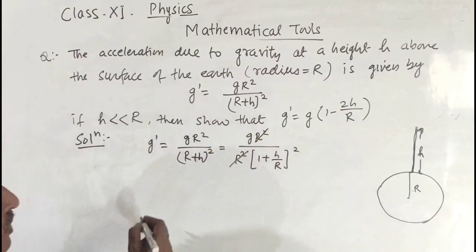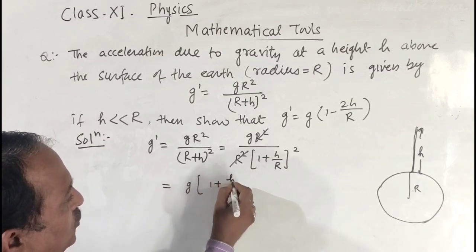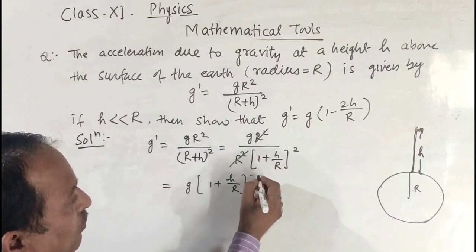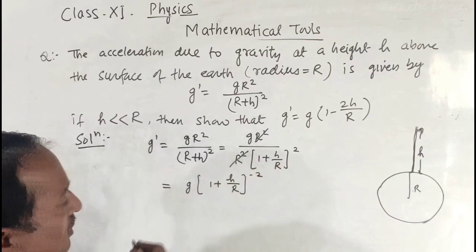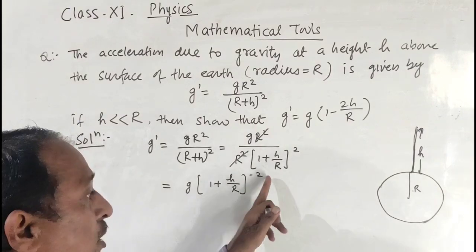This will be cancelled out. So we can write g (1 plus h by r) to power minus 2. If you are taking this term to the numerator, it is converted to minus 2. Now let us apply the binomial theorem, (1 plus x) to power n.